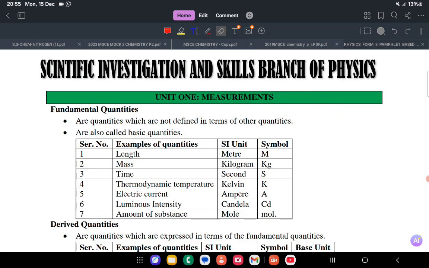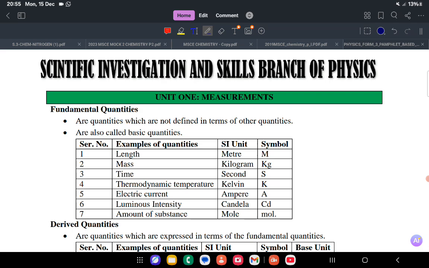In Form 3, we are meeting again to look at more measurement skills in physics, a topic called measurement 2.